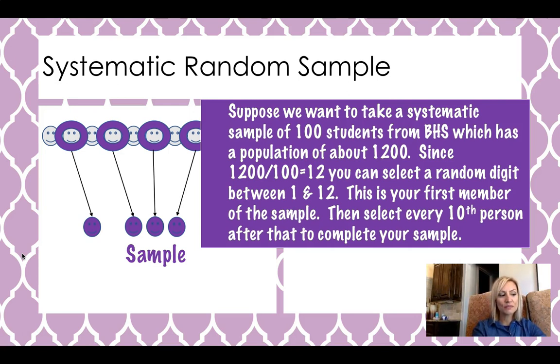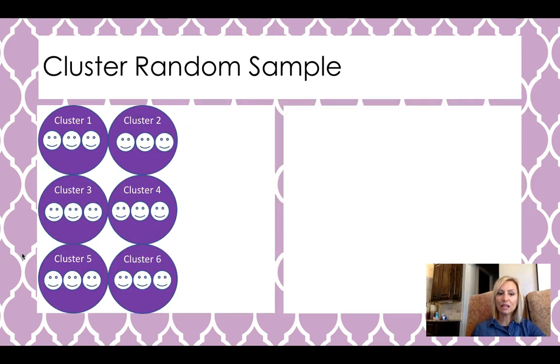All right, the next type of sampling that we're going to talk about today is known as a cluster random sample. Now in a cluster, we have clusters of individuals usually broken up based on something like a location where they live in a city, or maybe if we're looking at a factory, this could be which assembly line they come off of at a factory that's producing, let's say, semiconductors. So in a cluster sample, what we do is we randomly select a cluster.